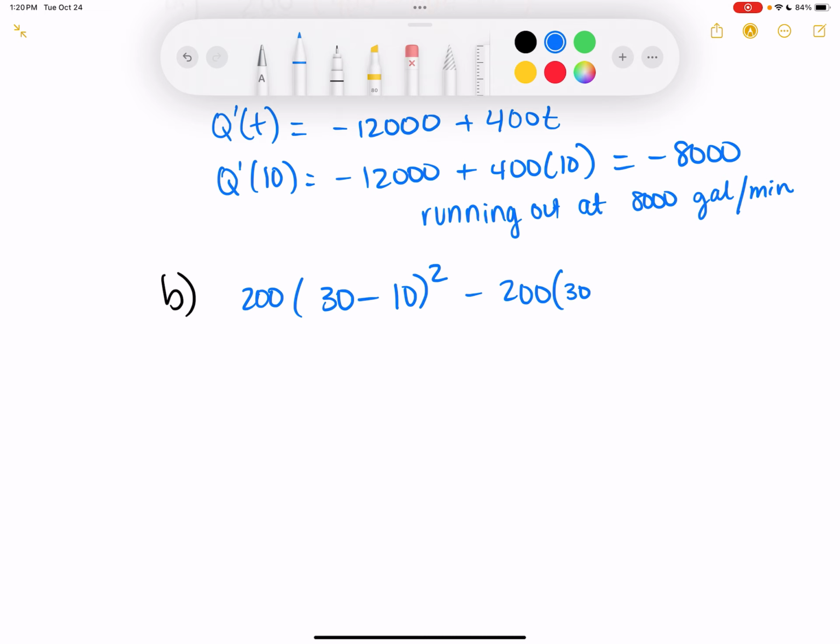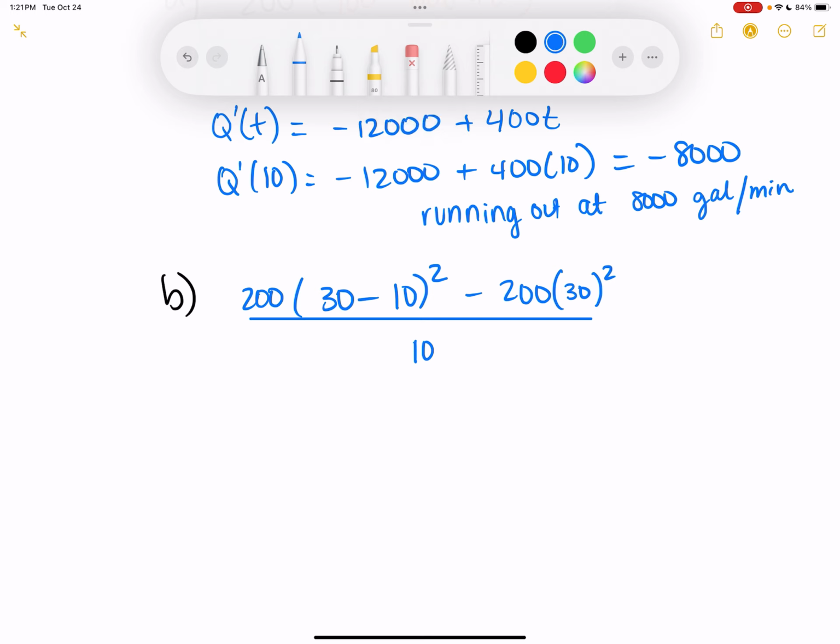So this is 30 minus, this is delta t because t is 0. It's like 0 to 10 because our initial time is 0. So during the first 10 minutes, the initial time is 0, so delta t is 10. There we go. So then this is minus 200 times 30 minus 0, so it's just 30 squared, over delta t, which is just 10.